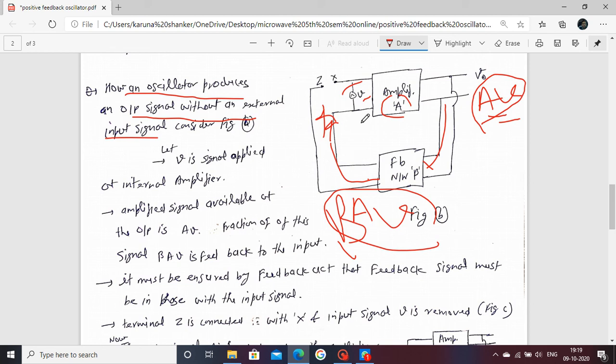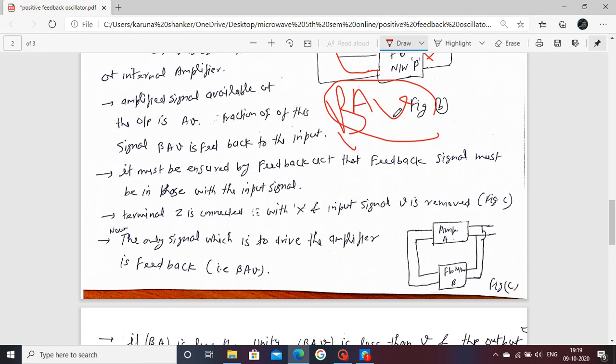Now, the next step: we connect the Z and X terminals, and remove the small V voltage which was applied in the initial stage. This is your equivalent circuit form.